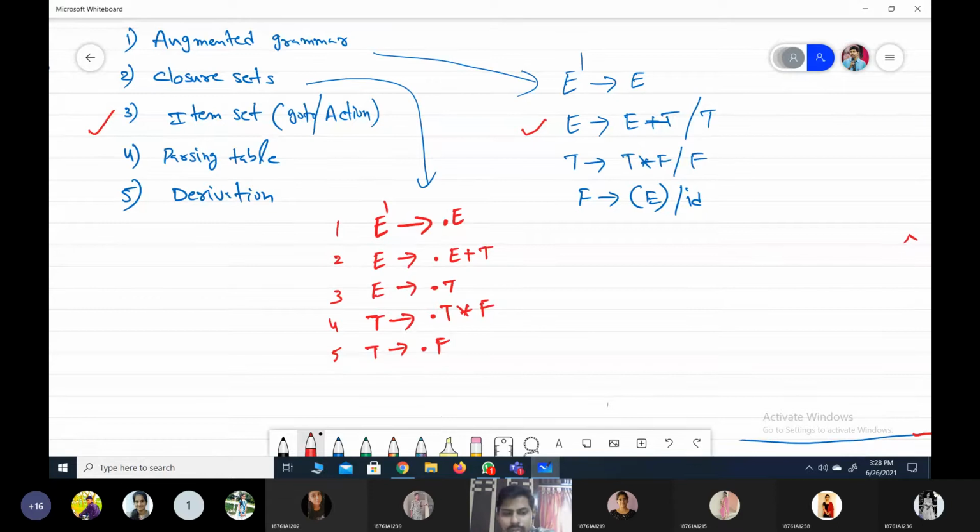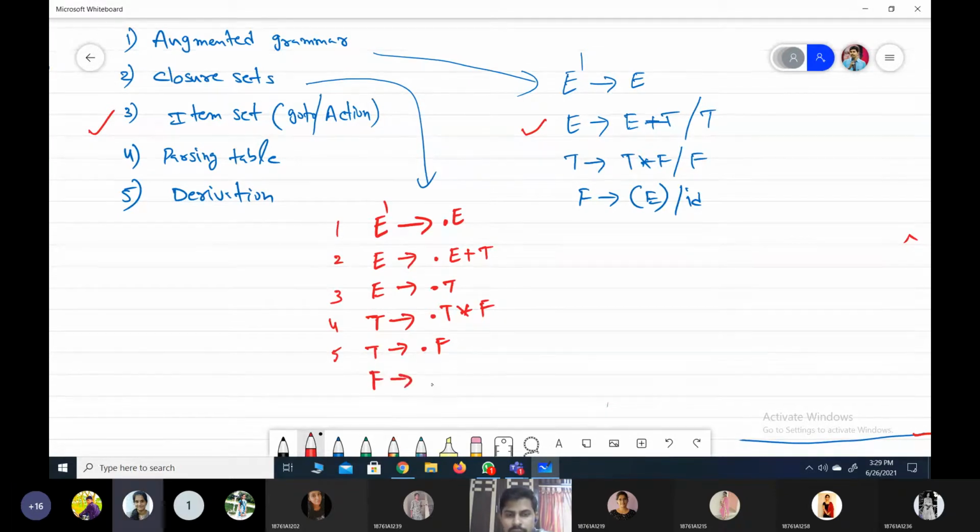If you observe, the fourth production also contains T immediately after the dot. Once again, cross-check the T replaceable productions: they are already available in the augmented grammar and added to the item set. Now cross-check the fifth production: after the dot you can identify the non-terminal F. What is the F replaceable production in the augmented grammar?